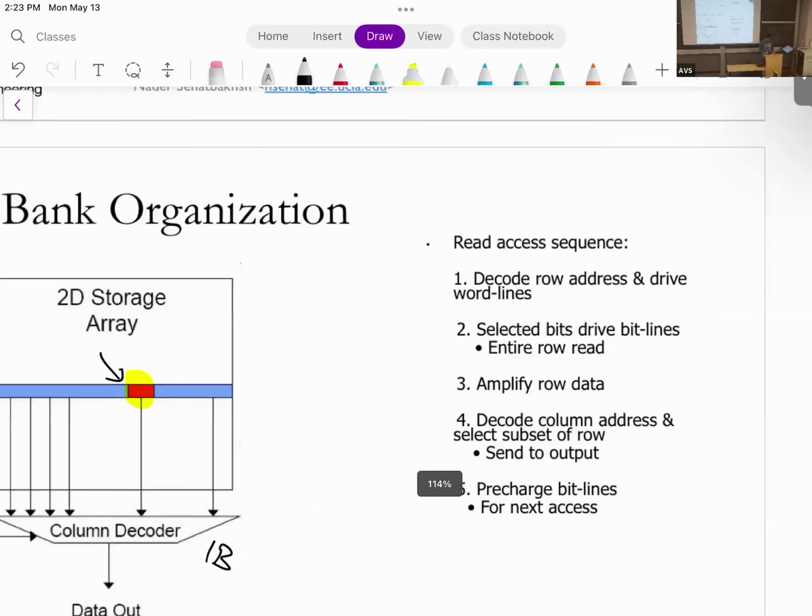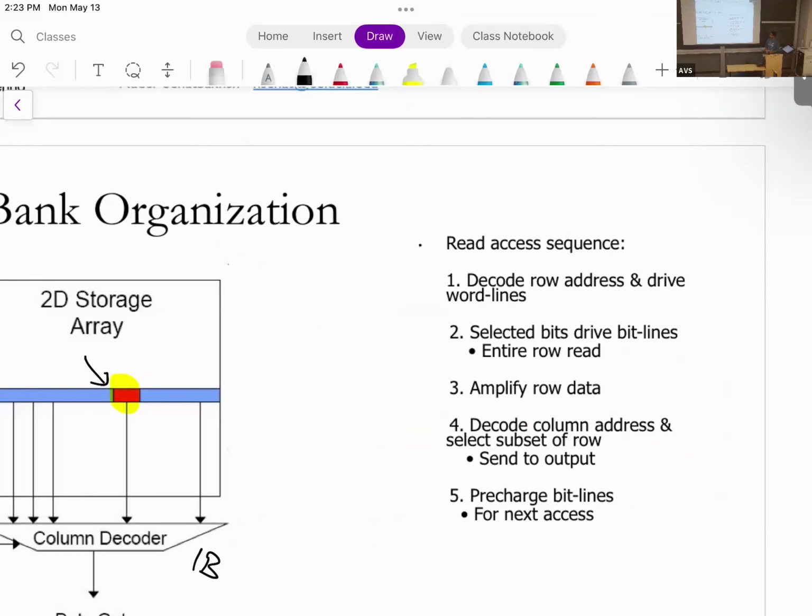So if you look at the read sequence, essentially it has 5 stages. We first decode the row address and drive the word lines. For now, don't worry about the word lines and what they are. I'm going to show you another picture to talk about that. Then we select the bit lines in order to read the row. Then a whole bunch of analog activities needs to be done, for example pre-charge and amplify.